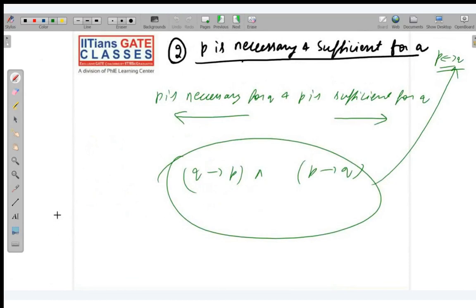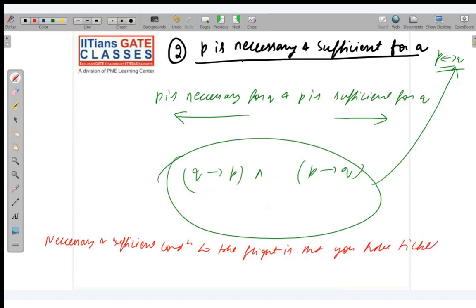I can say: a necessary and sufficient condition to take a flight is that you have a ticket.